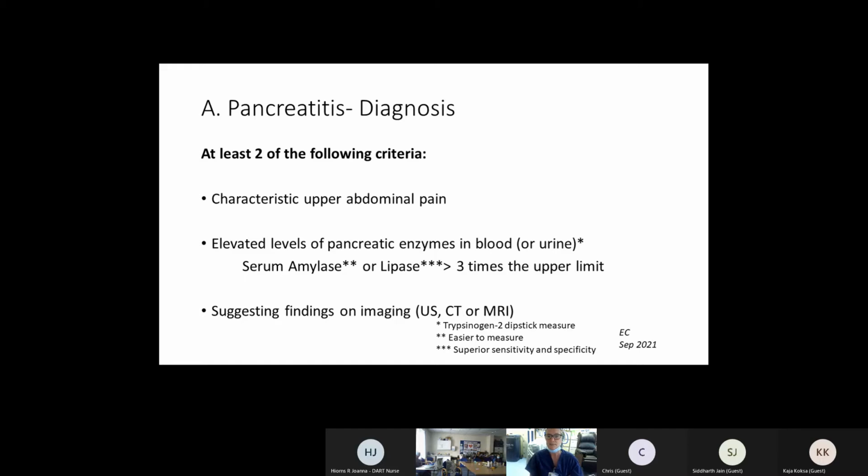And there's a dipstick measurement that can be done at a GP level in patients early in the diagnosis of pancreatitis. And we should have suggestive findings on radiology or imaging, like ultrasound, CT, or MRI. So nowadays in the UK, the most common is to have a CT that shows us images similar to the ones that we saw previously.